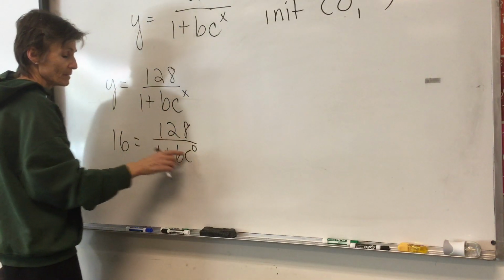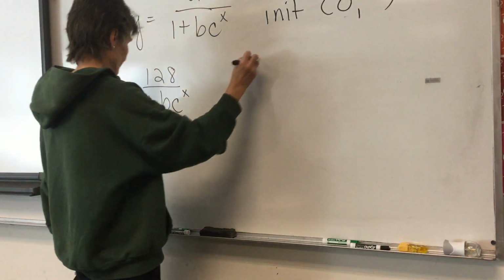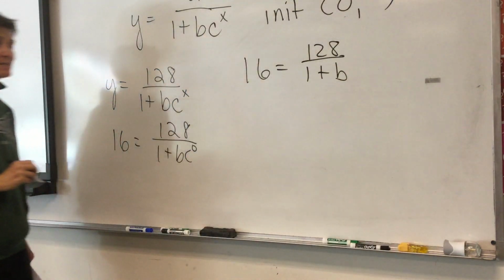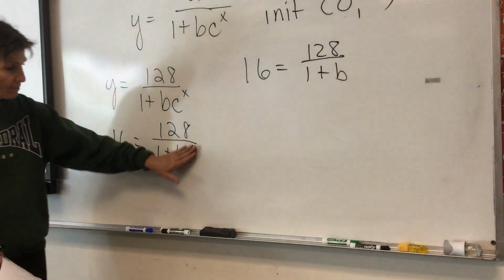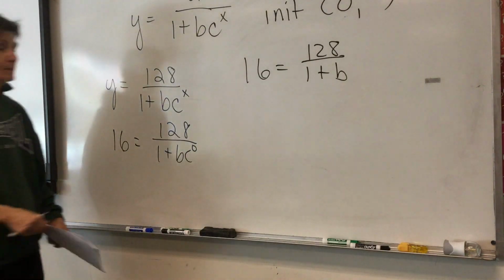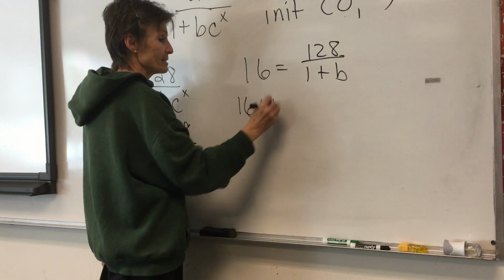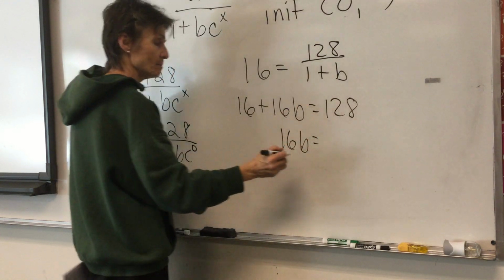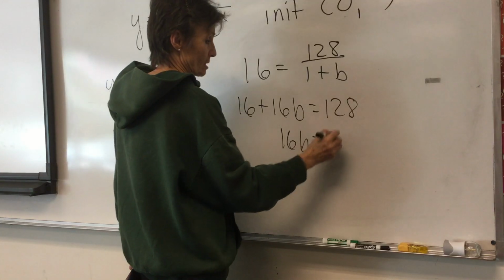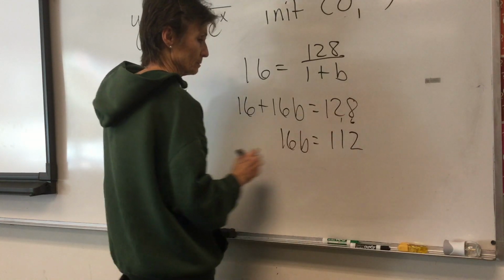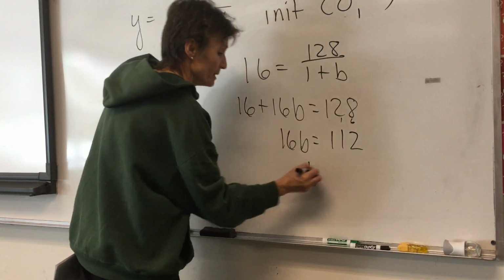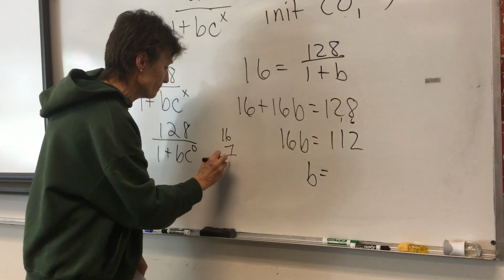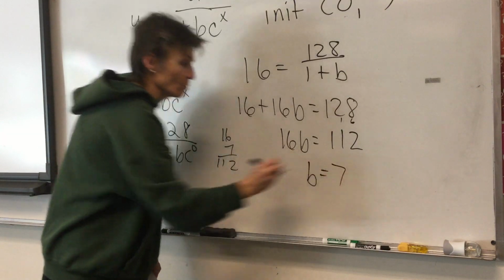So we know that b to the 0th is just 1. So basically we have this to solve, because c to the 0th is 1. So 16 plus 16b equals 128. 16b equals 112. And b equals something. Is that 7? Yeah. So b is 7.